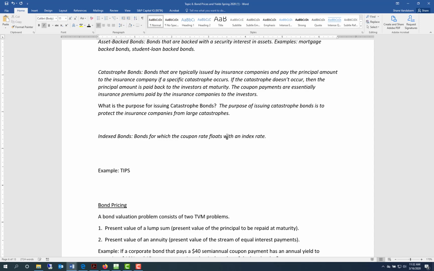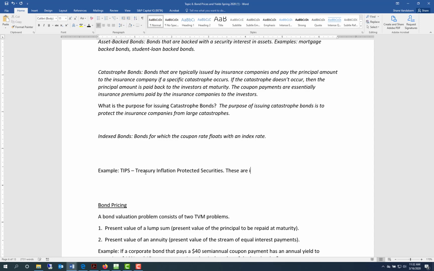A very common type of index bond is referred to as a TIP or TIPS, Treasury inflation protected securities.